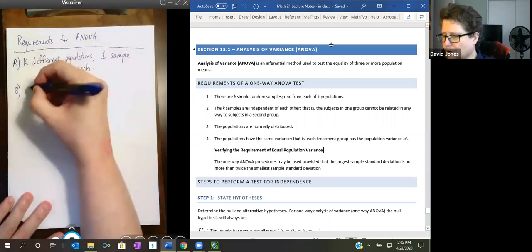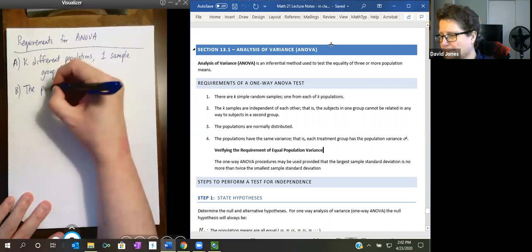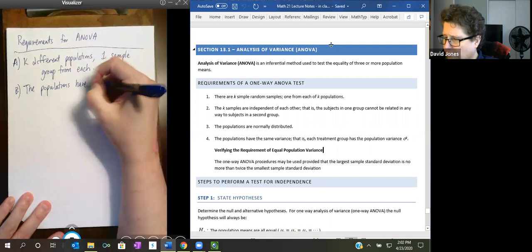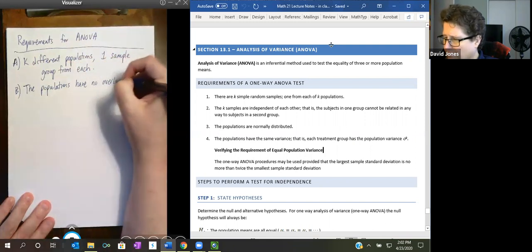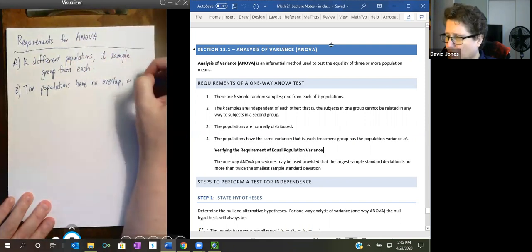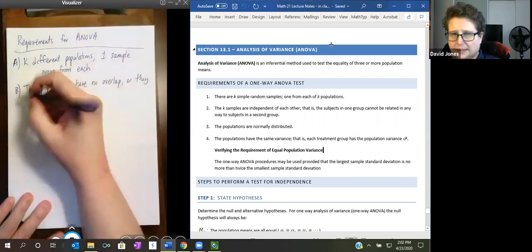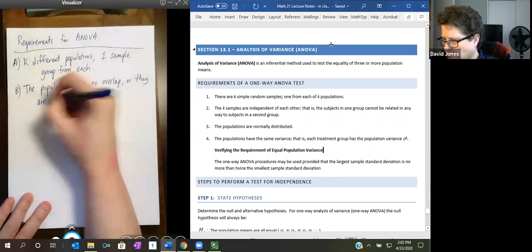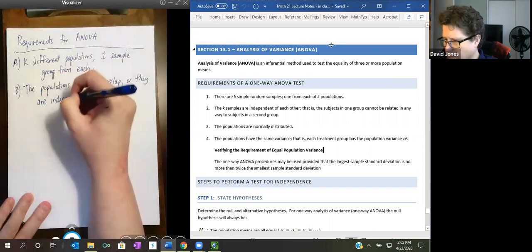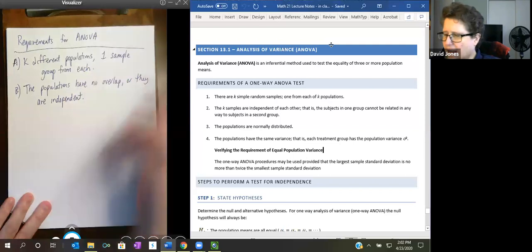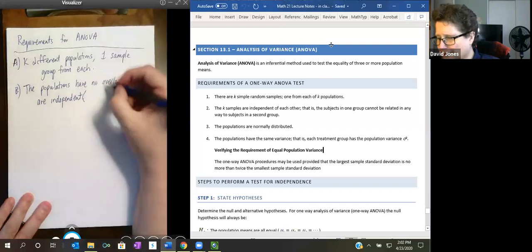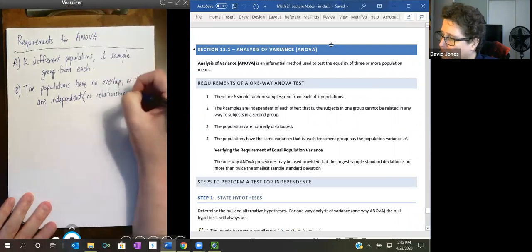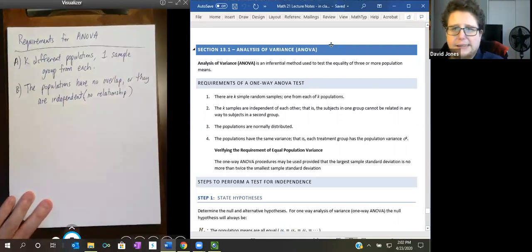The groups or the populations have no overlap, or they are independent. And when I mean no overlap, no relationship at all.